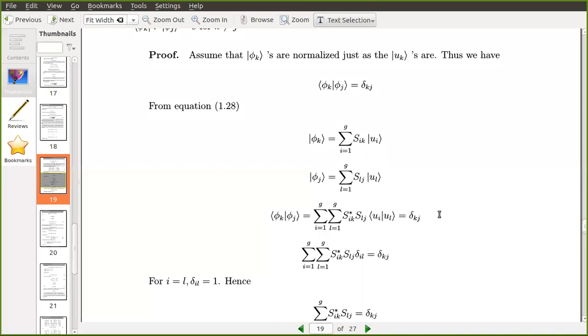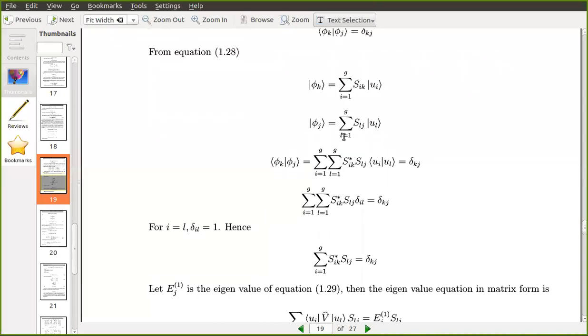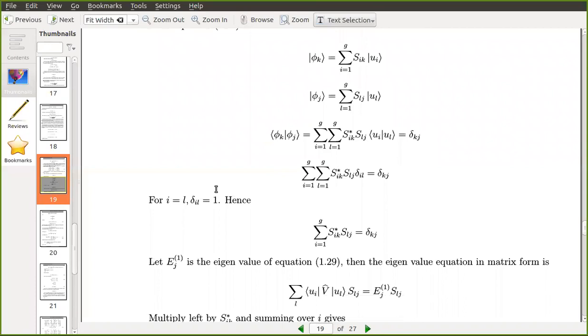Now the scalar product ui ul you can write as delta il. All other things are the same. This Kronecker delta exists only when i equal to l. You put that condition: when i equal to l, delta il equals 1.